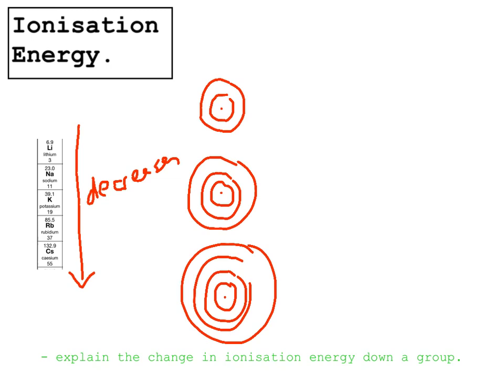That means not only are the electrons getting further away from the nucleus, but you're also adding more shielding inside those electrons.